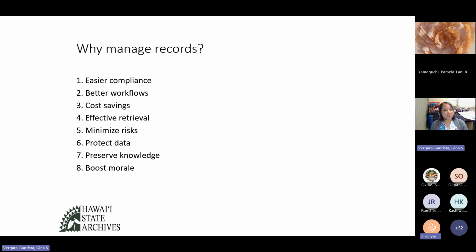So, as I mentioned earlier, only 3 to 5% of all records created are considered of permanent historical, legal, administrative, fiscal value. The rest of our records, after so many years, have no such value and can be destroyed.